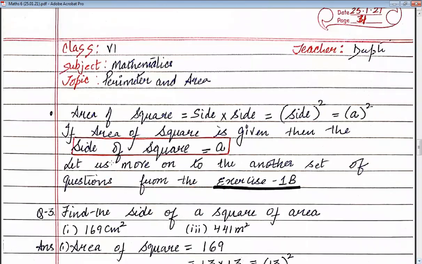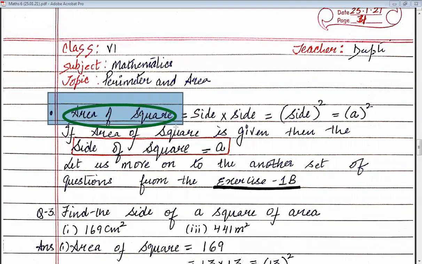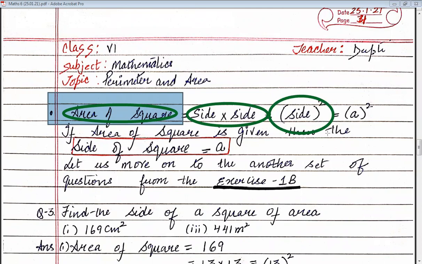Now similarly, in area of square, suppose area of square is given to you and you have to find its side. How will you write? If area is given, you will write side multiply side, and you know that side into side means side square.